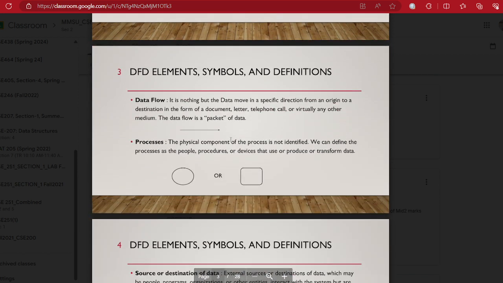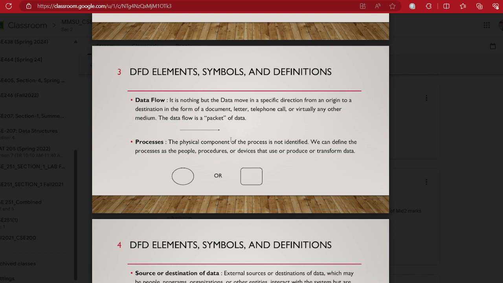Data flow is nothing, it's just data moving from one origin to the destination. For example, your component or part of the subsystem is a login form, and whatever you put through that login form will go to the database, and then it will check.